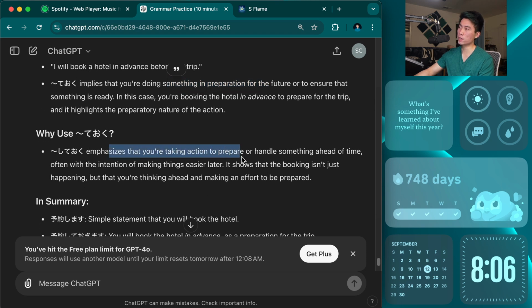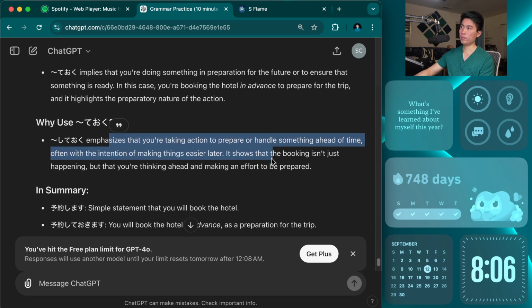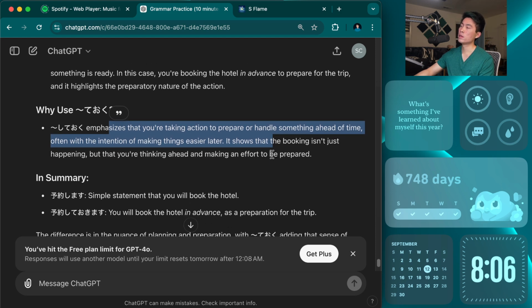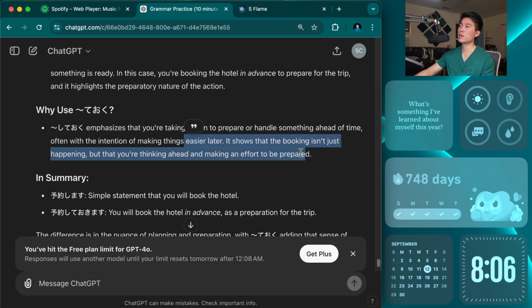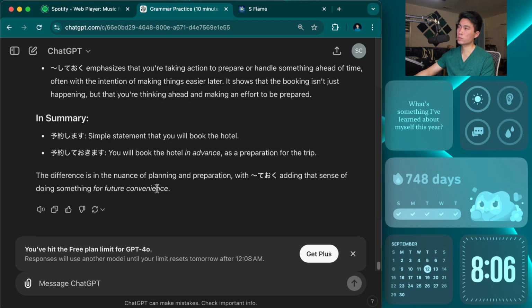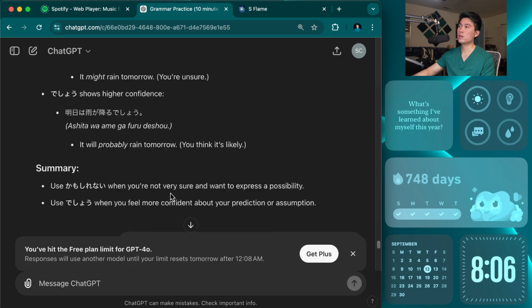Emphasizes that you're taking action to prepare. Handle it ahead of time to make things easier later. It shows that booking isn't just happening, but that you're thinking ahead and making effort to be prepared. Okay, understood.